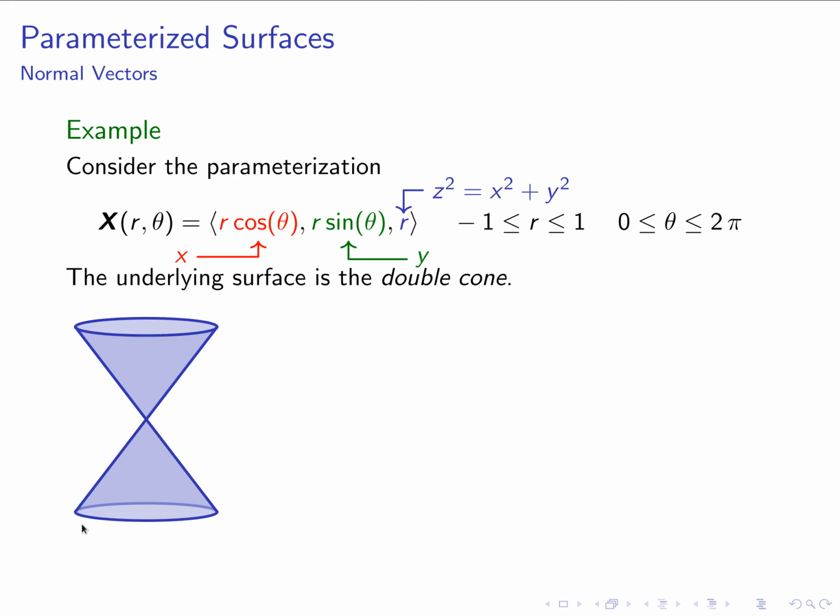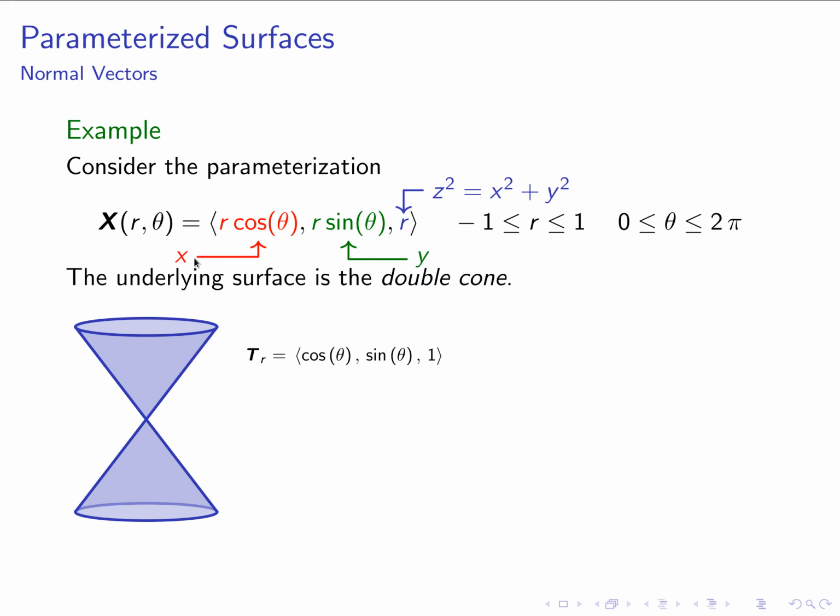For this data, we now want to look at our two tangent vectors and the standard normal vector. Our first tangent vector will be t sub little r, because little r is our first variable for this parameterization. The way the tangent vector is defined is we take derivatives of each of the outputs of this parameterization with respect to the variable little r.